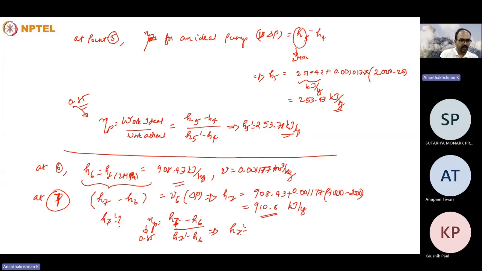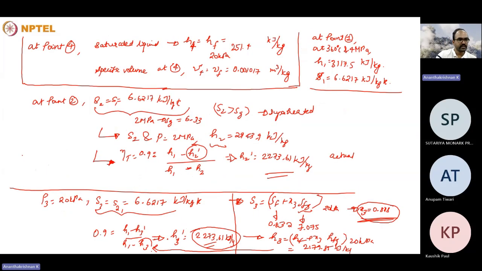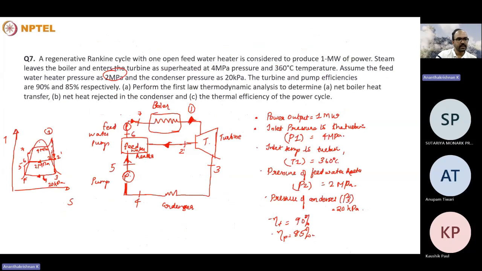So the actual enthalpy H7 dash will be equal to 911.23 kilojoule per kg. So that completes the enthalpies of all the state points starting from 1 to 7.